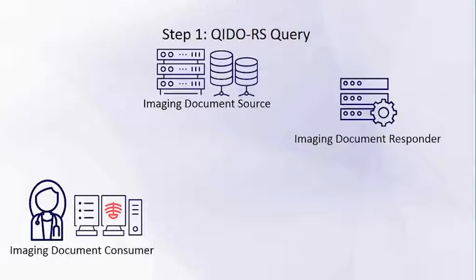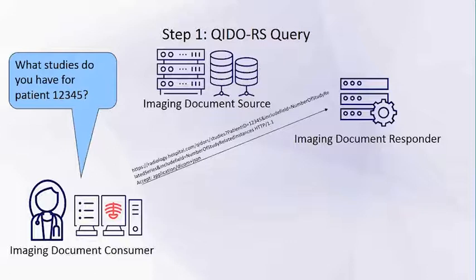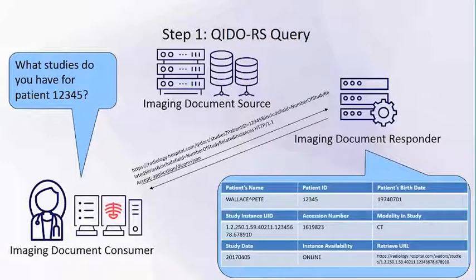So let's look at how WIA actually works. It's very straightforward. There are two steps. The first step: as an imaging document consumer, let's say you want to find studies for patient 12345. You can send a QIDO-RS query to the imaging document responder, which will return a response that gives you some patient and study level information.